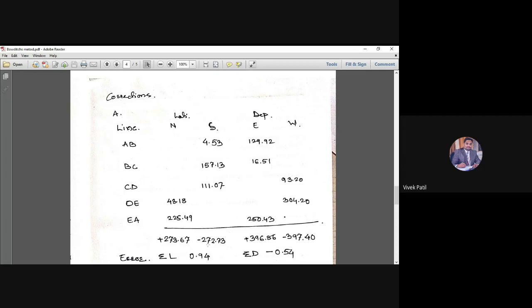Both should be equal. Are they equal? Just add the northing column, add the southing column, add the easting column, add the westing column. Just check whatever addition I have done, whether it is correct or wrong.